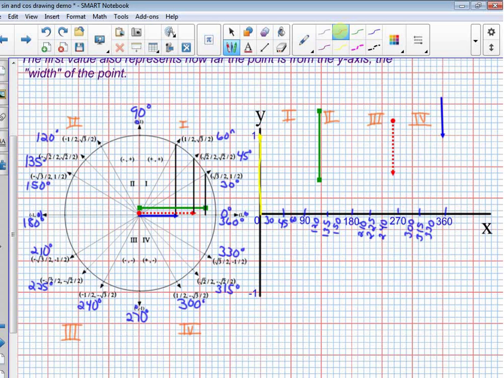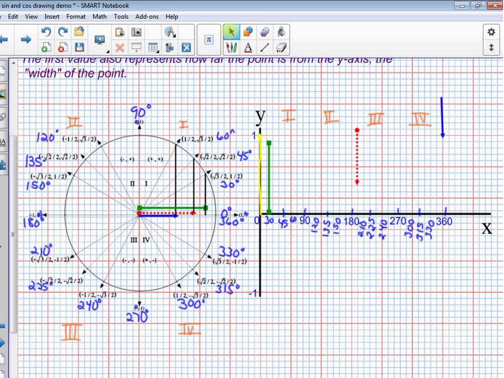All right, so then we're going to do 30 degrees. The cosine of 30 degrees, if you look at that x-coordinate, is radical 3 over 2, which should be your length of about 0.866 compared to your length of 1 for your radius. So if I take and just rotate it, it would be represented by this green segment. So I'm going to drag that over to 30. For 45, it's the red segment, which I have right here.